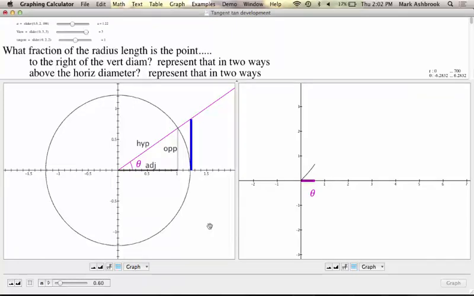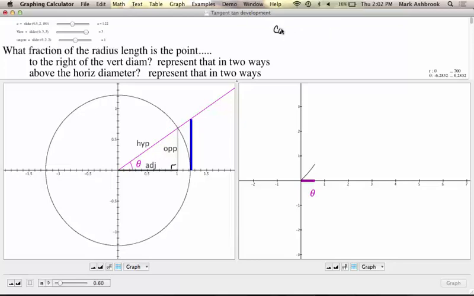And then there's two legs, right? One leg is next to the angle theta. We call that adjacent. One leg is across from theta, so we call it opposite. It's opposite the triangle from theta.